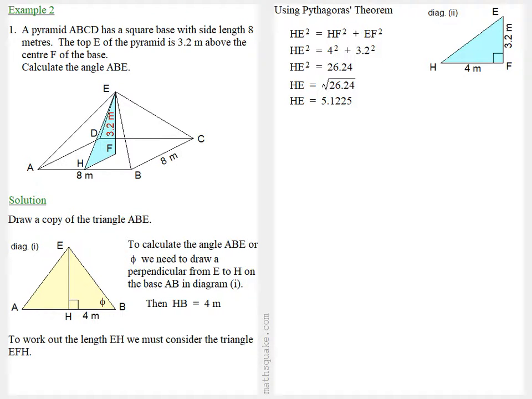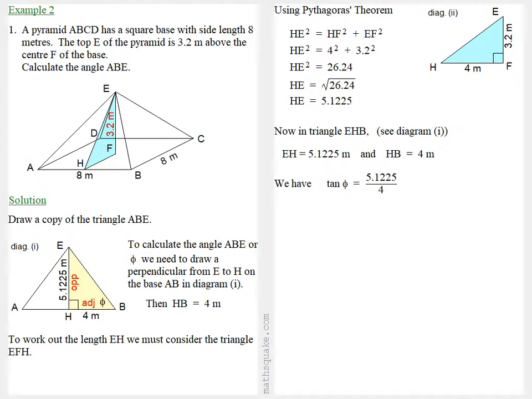5.1225. Now, if we write that in the triangle EHB in diagram 1, we have EH is 5.1225, which is the opposite side for phi, and HB is 4 meters, which is the adjacent side for phi. So the tangent of phi is the opposite over the adjacent, which is 5.1225 over 4.